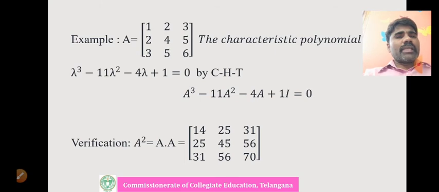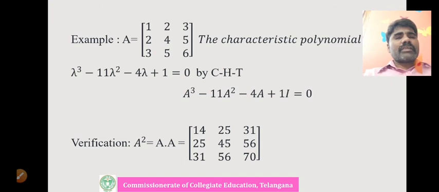Now according to the Cayley-Hamilton theorem, every square matrix must satisfy its characteristic equation. That's why A cube minus 11A square minus 4A plus I equals 0. Now we can verify.